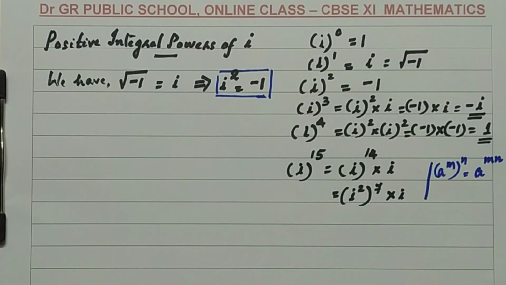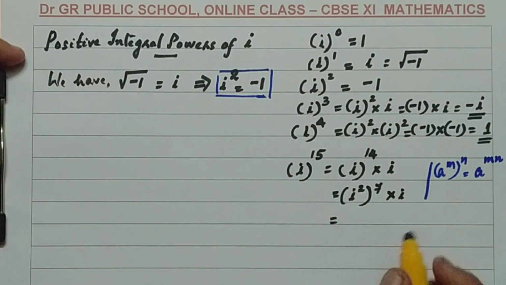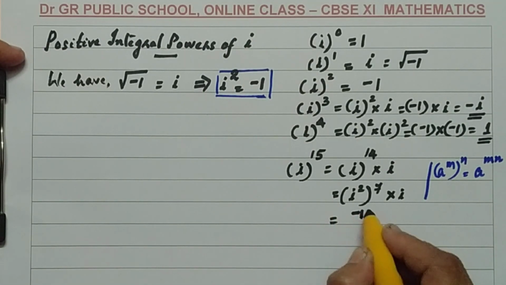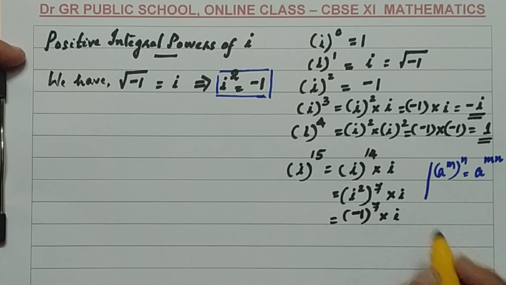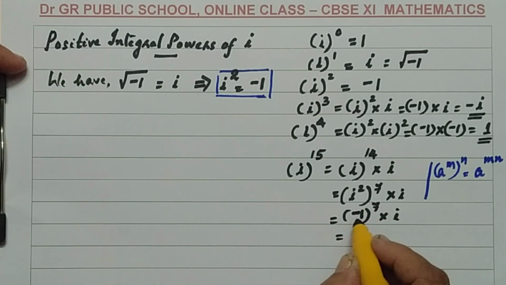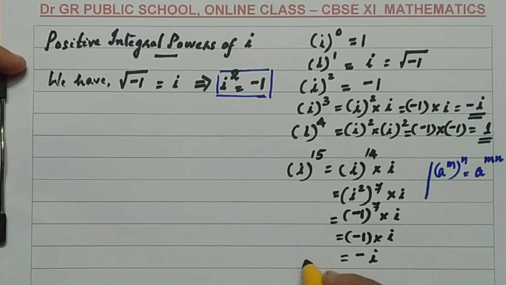So i square the whole raised to 7 means i raised to 2 into 7 equals i raised to 14. But the value of i square can be replaced with minus 1. So minus 1 the whole raised to 7 into i. Negative number the whole raised to an odd number is negative, into i. So what is the answer? Minus i. Therefore i raised to 15 equals minus i.